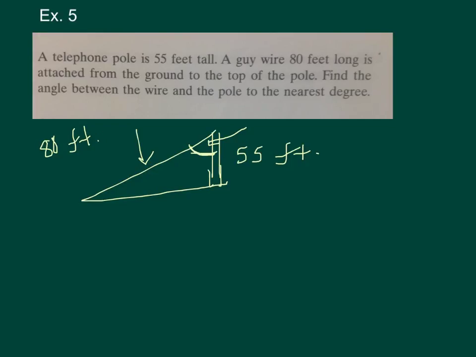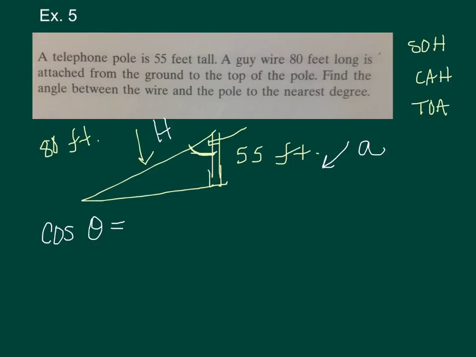So let's see what we're given. So, SOH CAH TOA. All right, so according to this angle, we have the adjacent side and we have the hypotenuse. So that would be cosine theta is equal to 55 over 80.